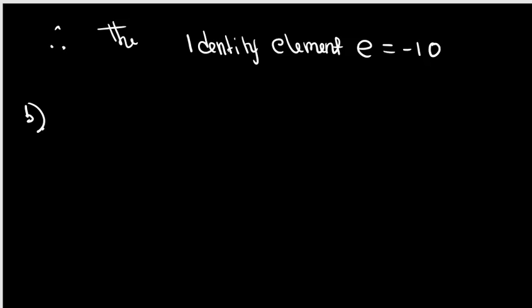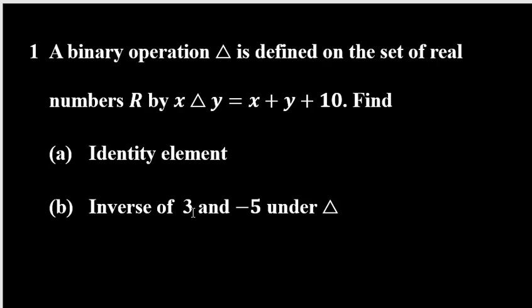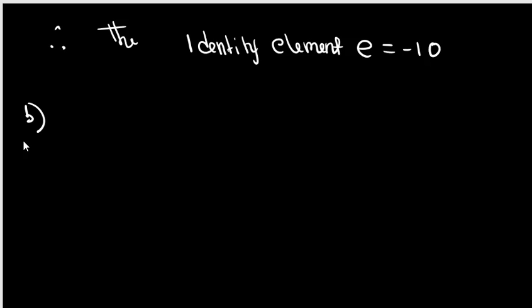For the B, the question wants us to find the inverse of 3 and negative 5. But first, let's find the expression representing the inverse. Once again, let's define our inverse. We can use any variable of our choice to represent the inverse.